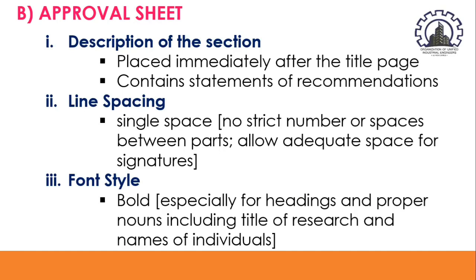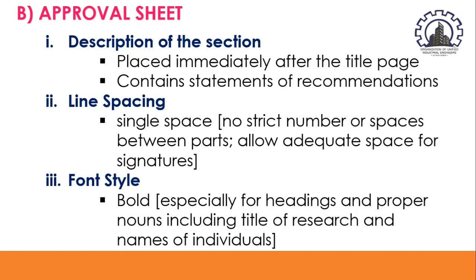I have mentioned earlier that we should be using double spacing all throughout your study, but there are exceptions to the rule. For the approval sheet, it should be single space only. So no strict number of spaces between parts, and it should allow adequate space for signatures.